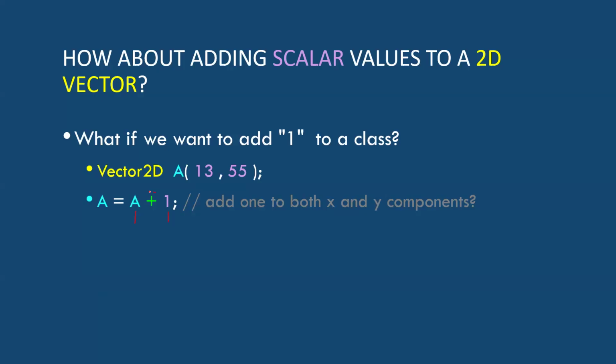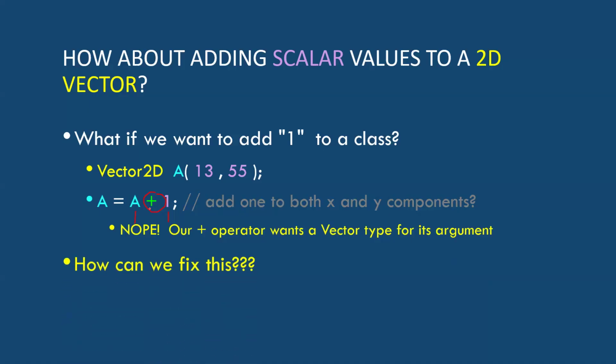Do I have a flavor of the operator plus that matches that combination? It's going to look at your class, and if it doesn't find that, your compile will fail in C++. But if you do have that overloaded, in addition to vector vector, you have vector scalar. Now you've got yourself covered, right? So we'd have to add that overload.